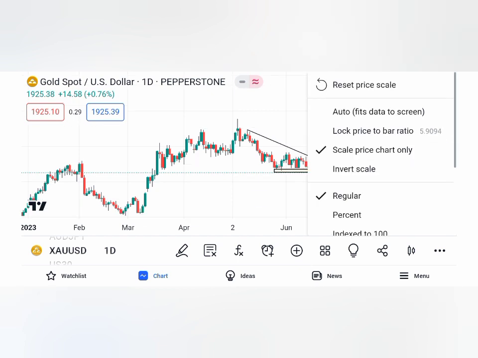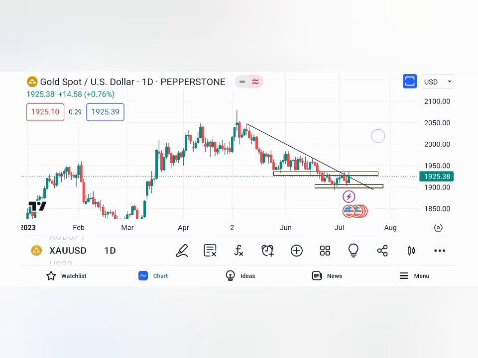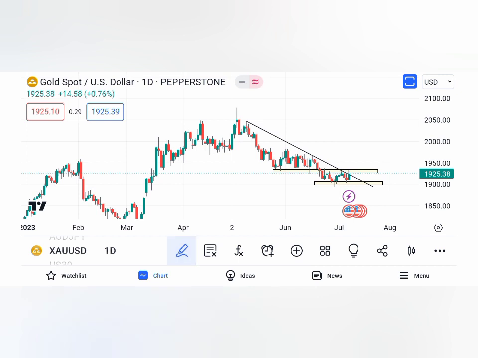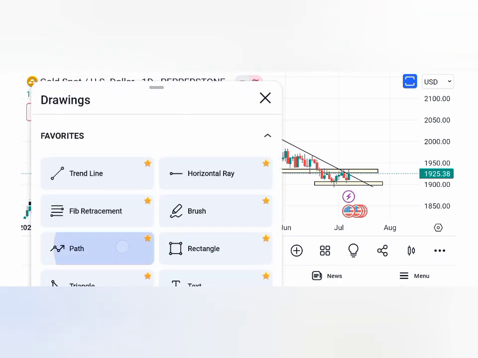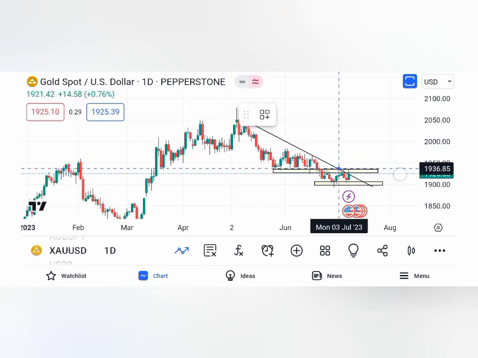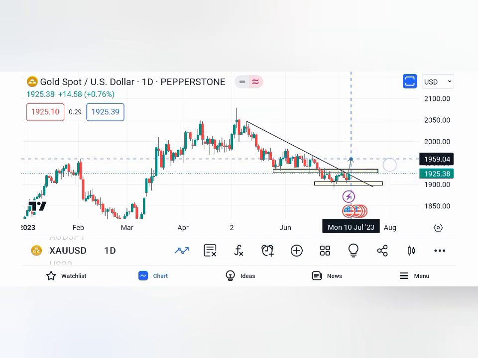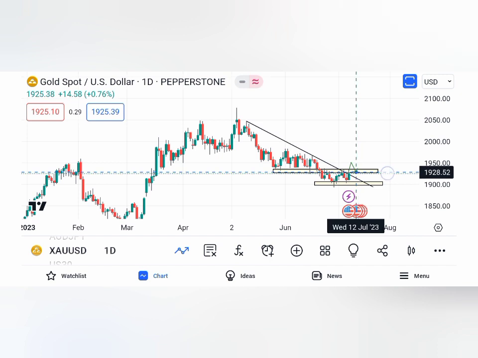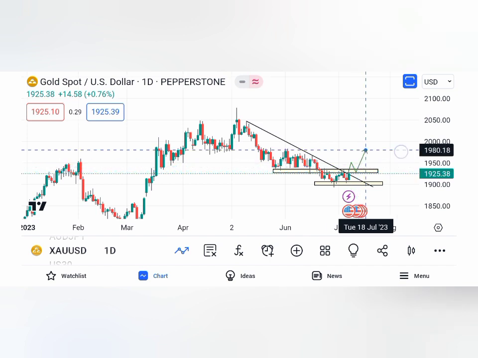So now on gold, right now my advice to traders is to wait for a breakout on gold, a breakout and a retest. So let's assume that gold breaks upwards. If gold breaks upwards, I'll be looking for a retest to this zone, then get buying confirming candles, then buy.